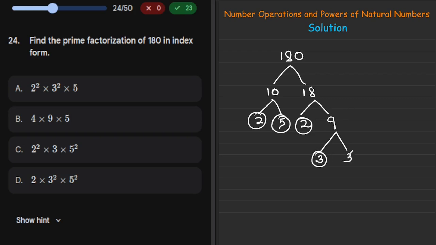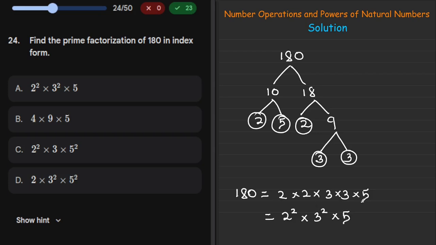3. So with that, our 180 can then be rewritten as 2 times 2 times 3 times 3, then times 5. I have chosen to write them in what order? So choosing to write them in index form, we have 2 to the power 2, then times 3 to the power what? 2, then times 5.